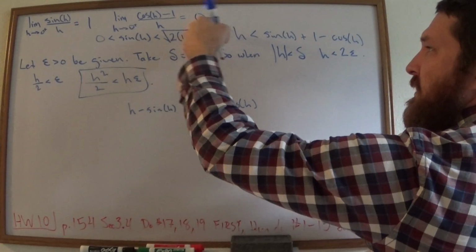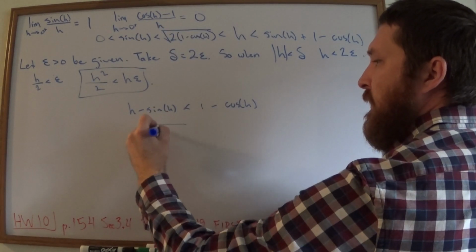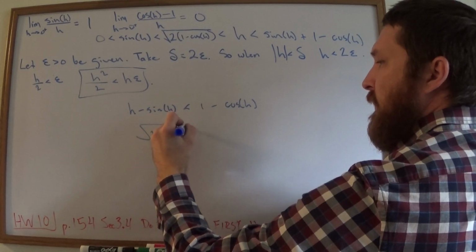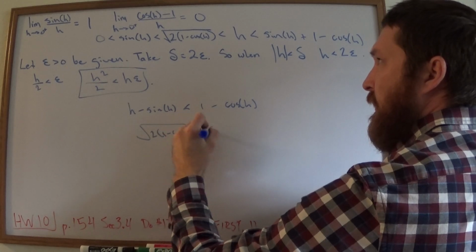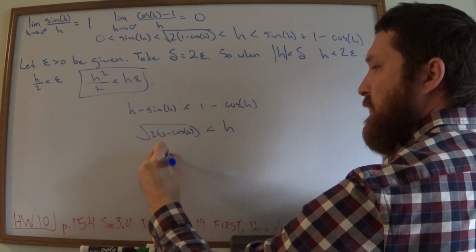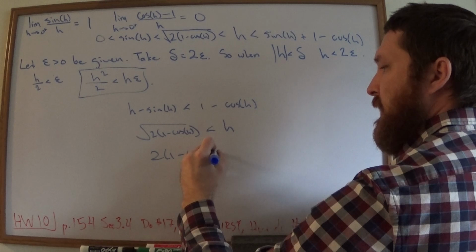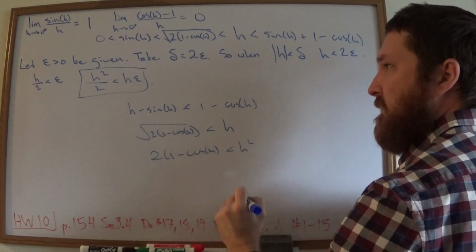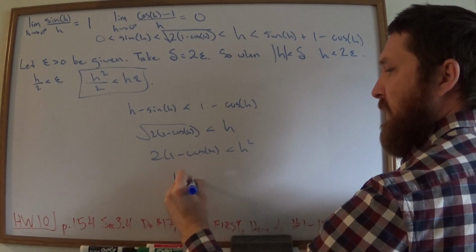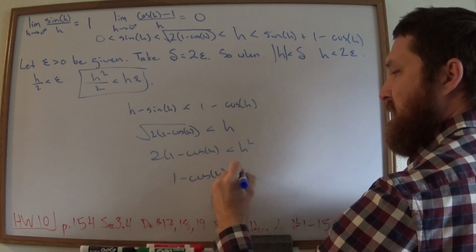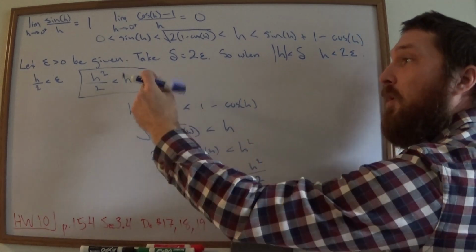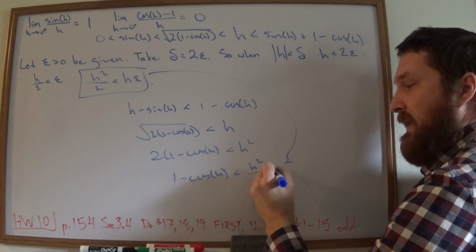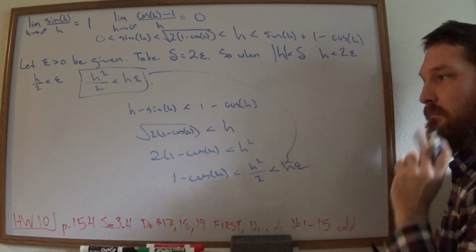And since this part, then we have 2 times 1 minus cosine h less than h squared. So that 1 minus cosine h is less than h squared over 2, which we already showed is less than h epsilon.